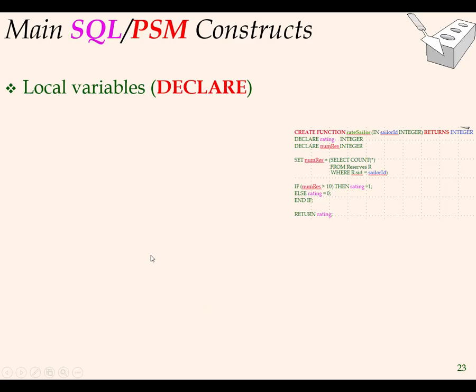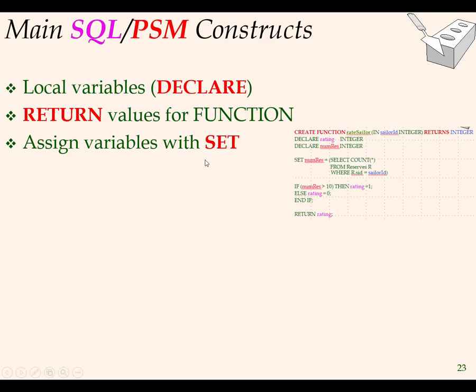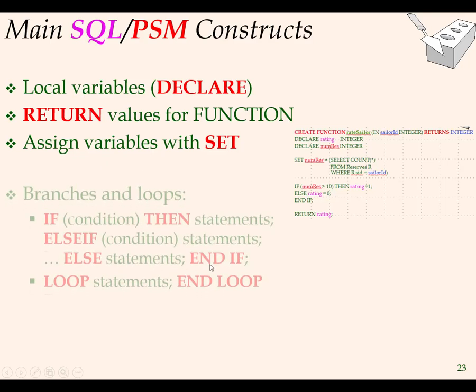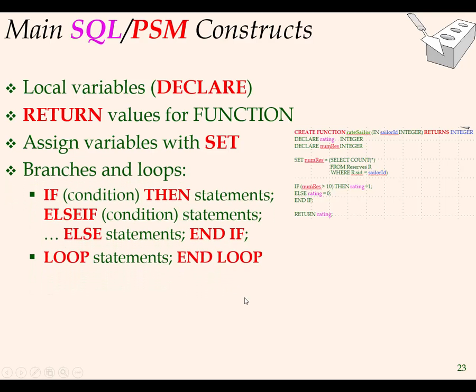So I think we know how to program. Given this example, you declare the local variables. The functions will return a value. Instead of just an assignment statement, you have to use this set to assign variables. And you have branches and loops. So you have if condition then statements, else if condition statements, else statements, and end if.